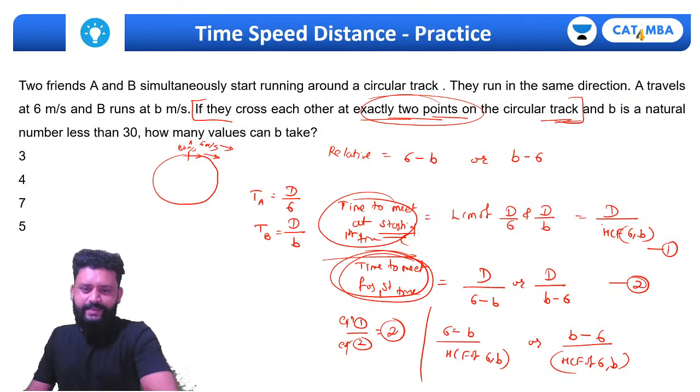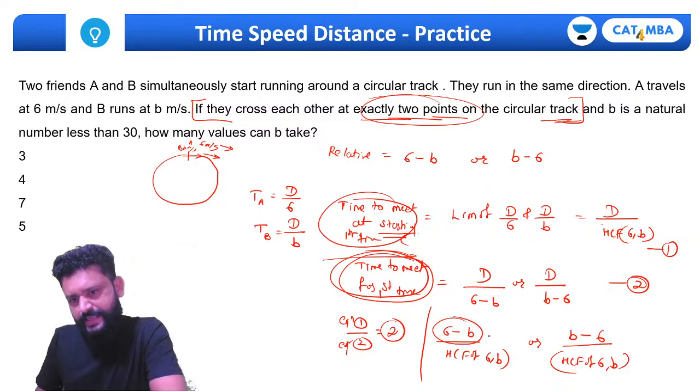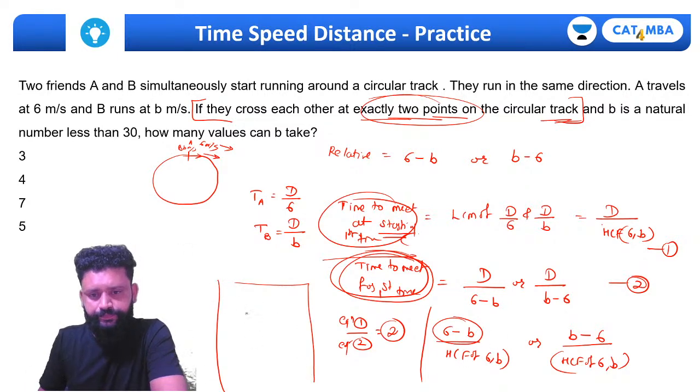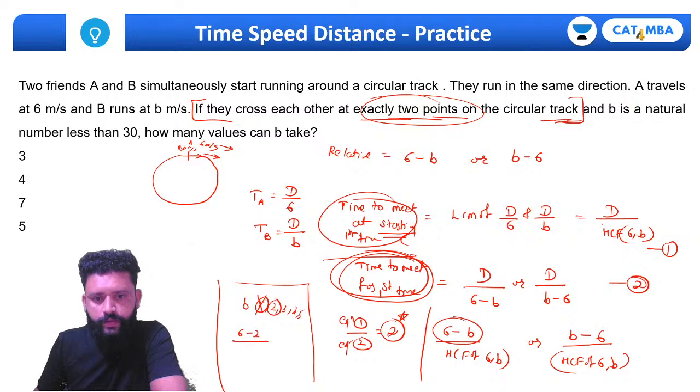So if we look at this case, b is less than 6. So I'll write here the possible values of b. Less than 6, so the values of b will be 1, 2, 3, 4, 5. HCF for this will remain 1, so 5 upon 1, so this value comes to 5. We want this to be 2. Not possible. 1 is not possible. If we take it as 2, 6 minus 2 upon HCF of 2 and 6, which is 2, so 4 upon 2.